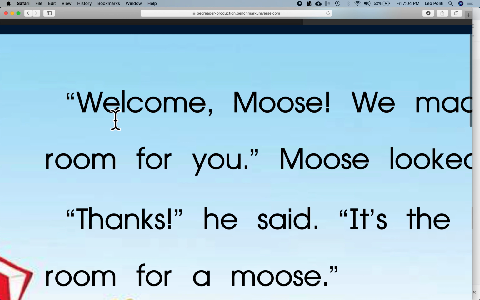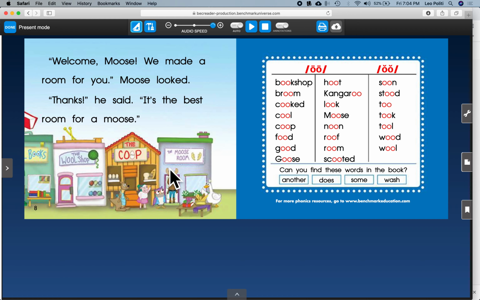Well, and then this part. Come. Welcome. Oh, welcome, Moose. So that's a strategy you can use to break up a big word. If it's not a compound word, like hot dog, starfish, then you have to look for two consonants and break it up.